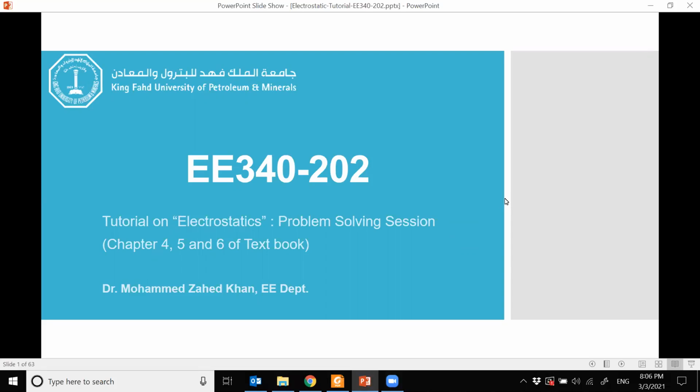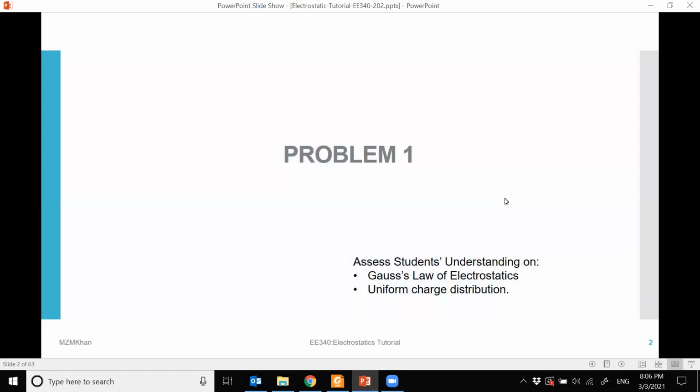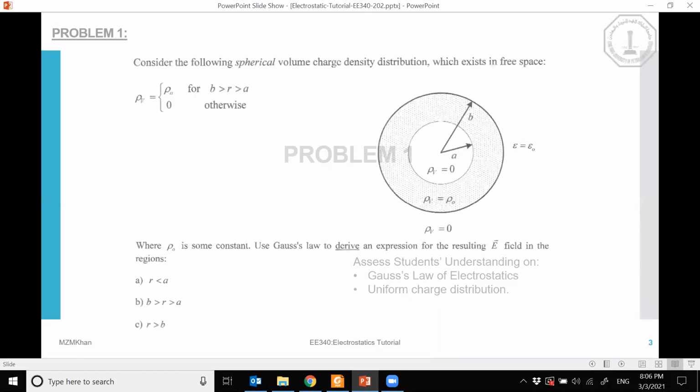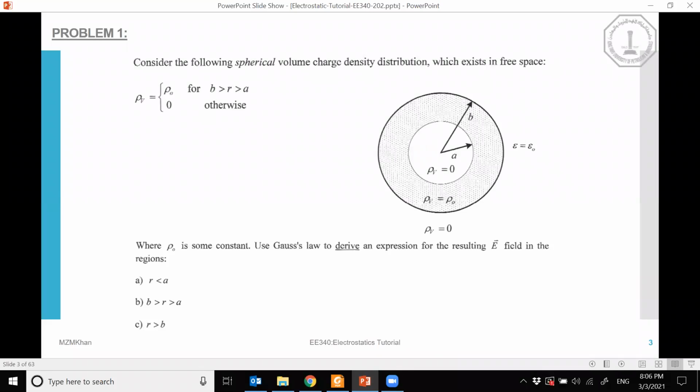So this is the first problem, and it is mostly based on the students' understanding of Gauss's law of electrostatics and uniform charge distribution. The problem says that you have a spherical volume charge density distribution, and this exists in free space.